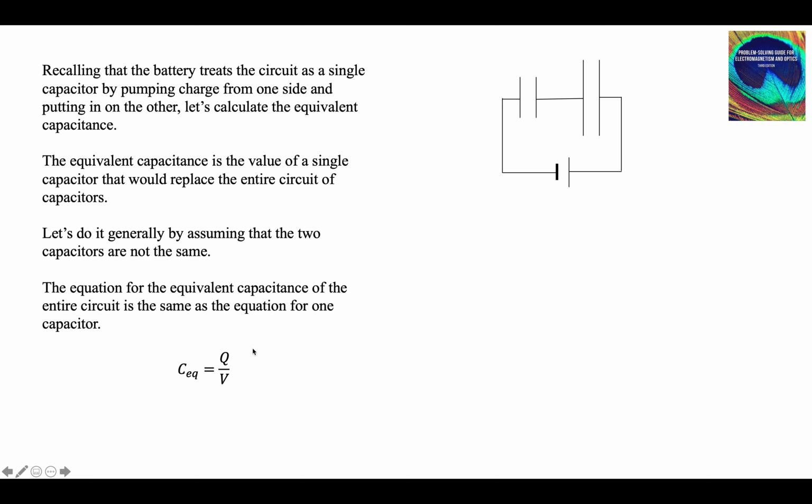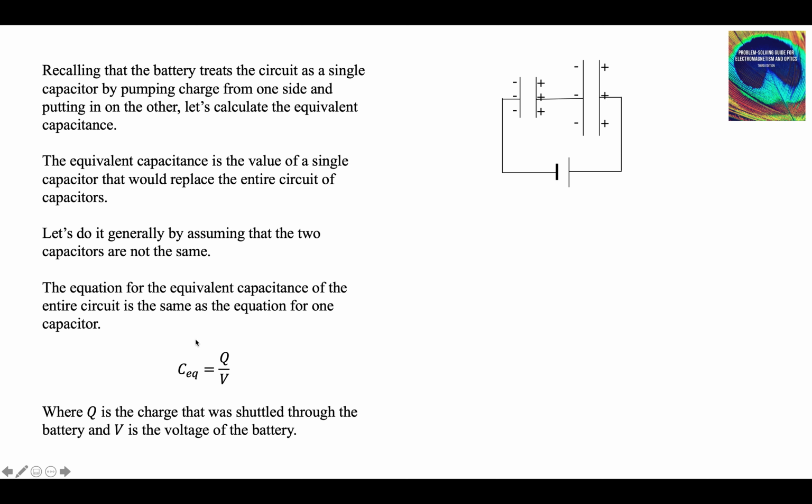So the equation is the same capacitance equation, but this is the equivalent capacitance of the entire circuit. Q is the charge that's shuttled through the battery from one side to the other, and V is the voltage of the battery. So this is the single capacitance of the entire circuit.